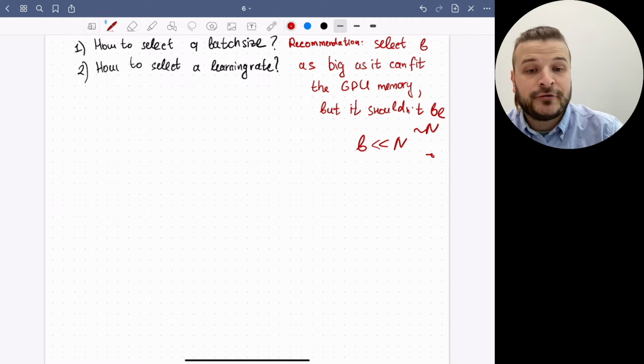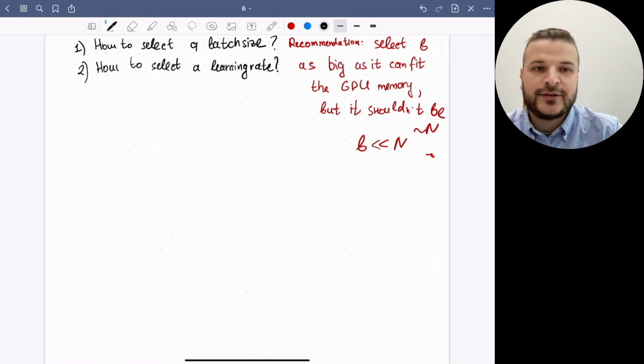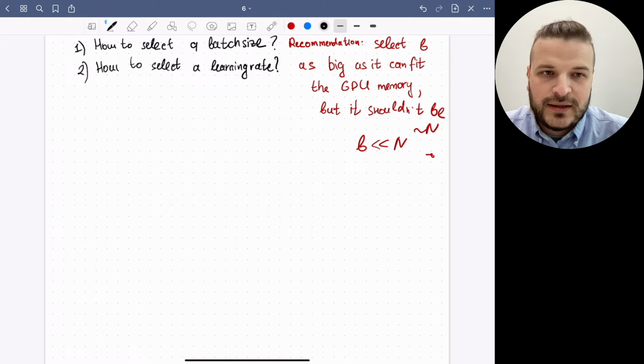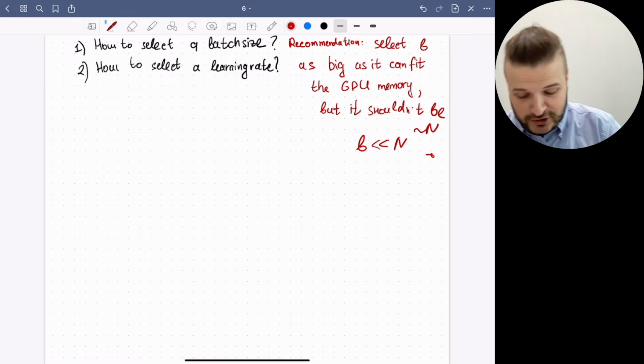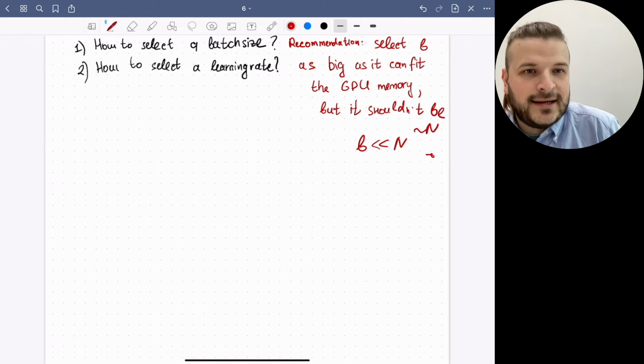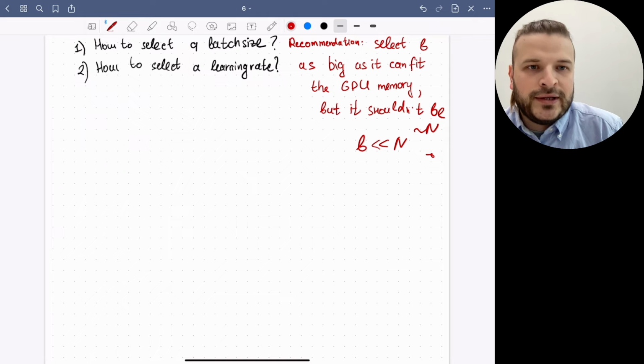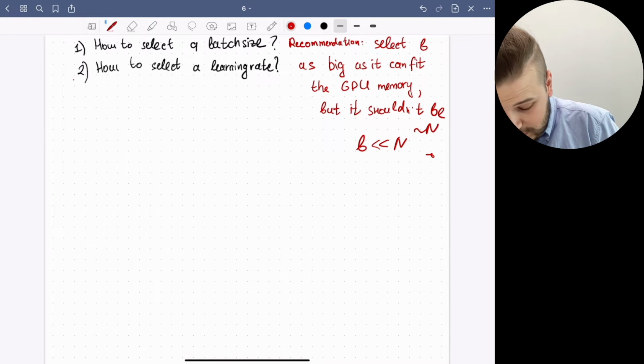How about the learning rate selection, and what's the correct answer to this problem? We'll try to solve this problem by using some adaptive step size selection strategies. So, let me write down the answer in advance, and later we'll talk about it.